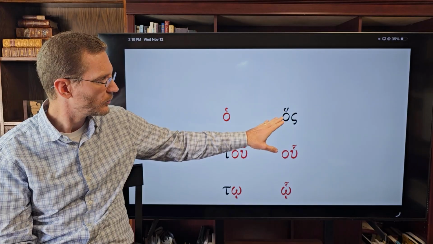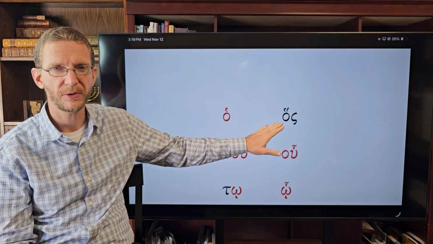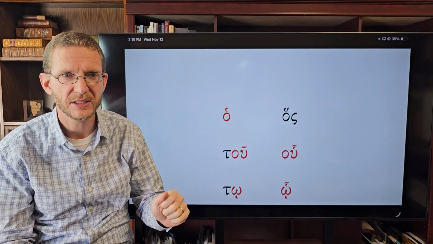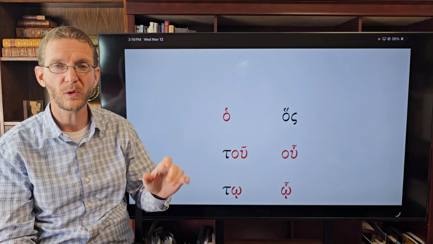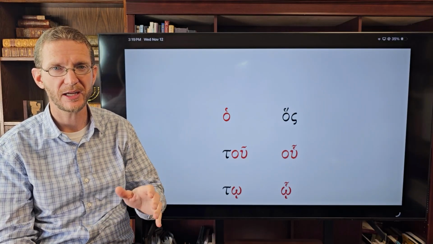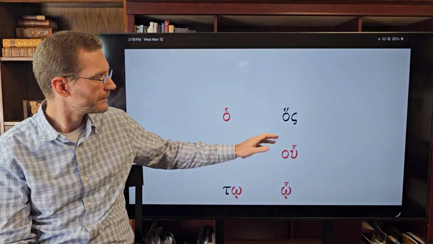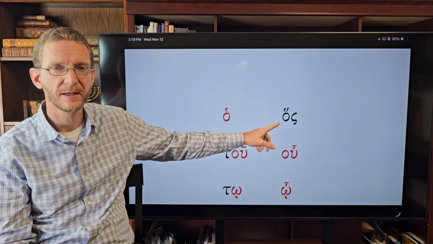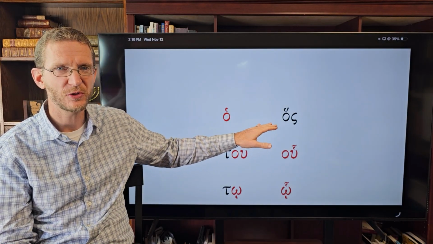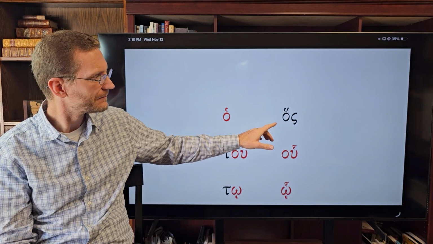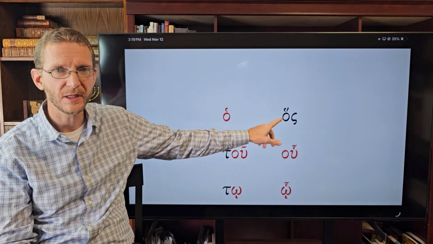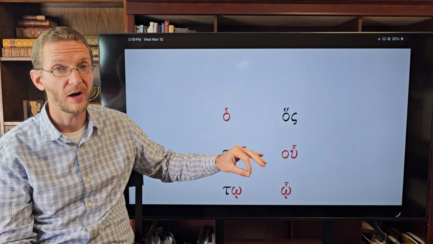Now, we can tell the gender of this relative pronoun. Is this a second declension ending, or is it a first declension ending? Go ahead and try to give that answer. This is a second declension.